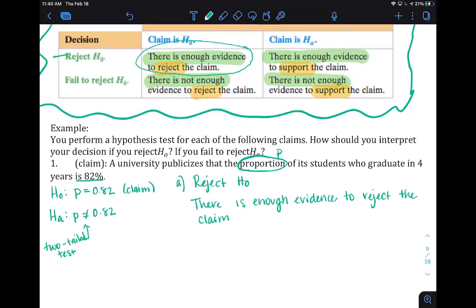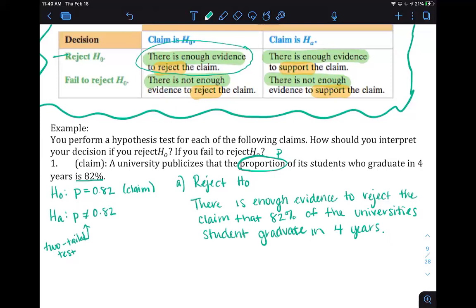And then you're going to state what that claim was. So, the claim that 82% of the university's students graduate in 4 years.